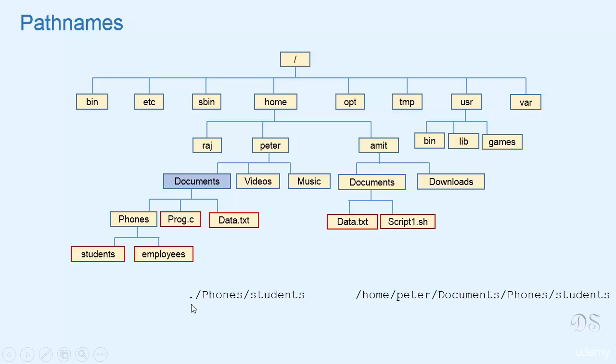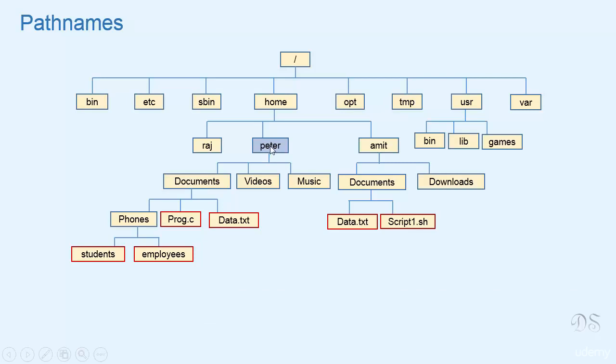So we can omit this single dot and just write phones/students. Now inside this directory, when we write the simple name proc.c, shell includes this single dot implicitly and gets the path of the file.